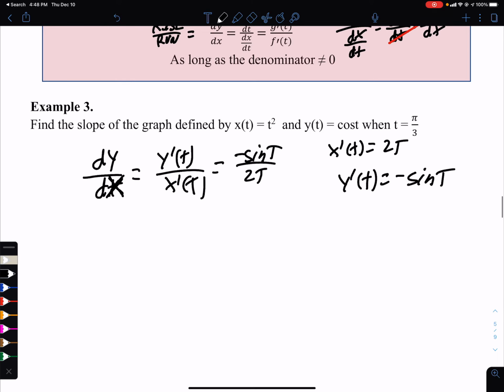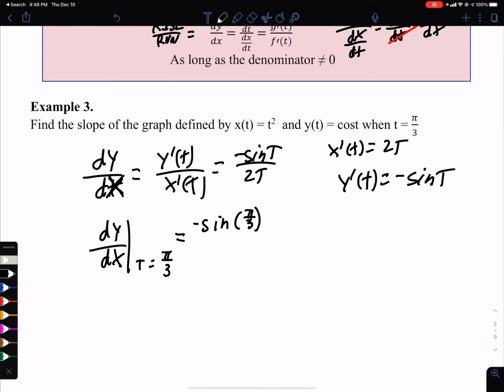And now, isn't this easy stuff? I want it when t is pi over 3. Well, let's plug that in. It's going to be minus sine of pi over 3 over 2 times pi over 3. And the sine of pi over 3 is radical 3 over 2.